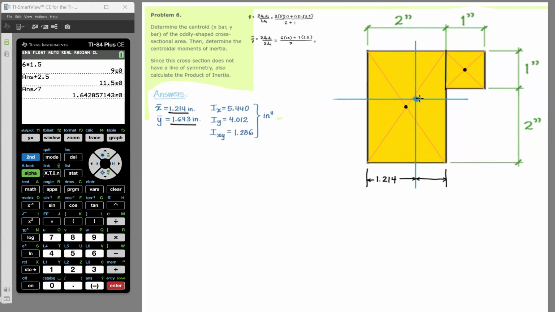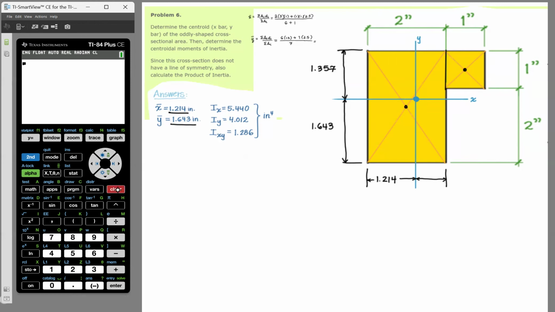Here's my overall centroid. There is X, there is Y. Here to here, we have 1.643. And while I've got that in my calculator, I'm just going to subtract 3. Change the sign, but whatever. 1.357.